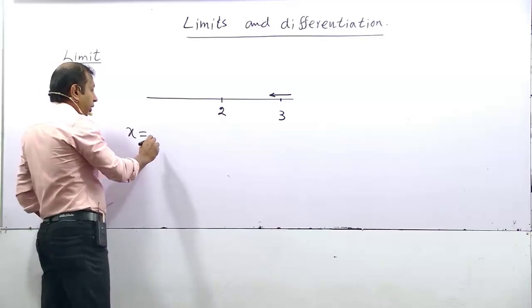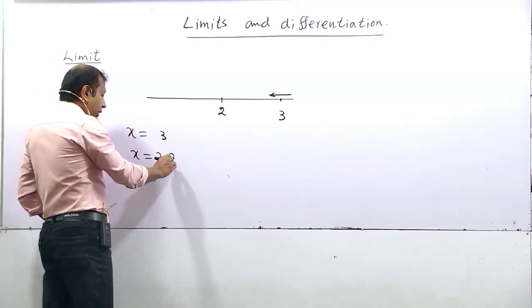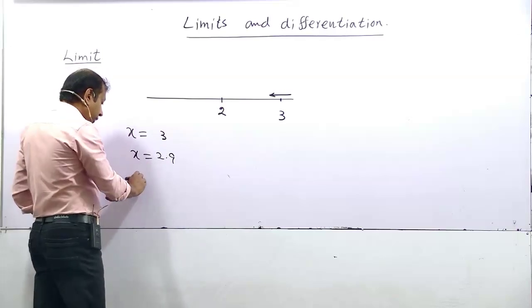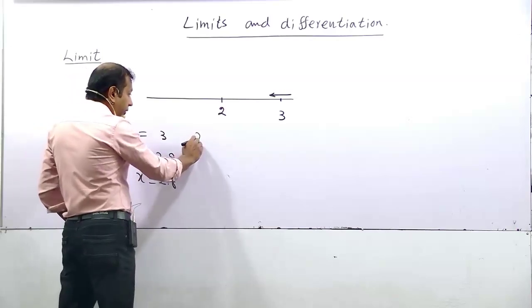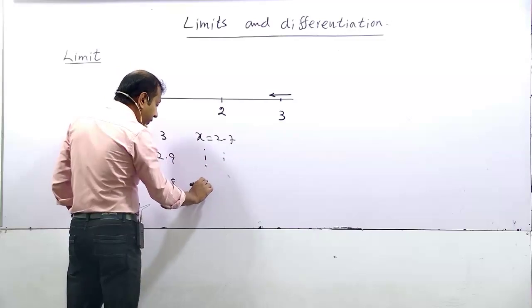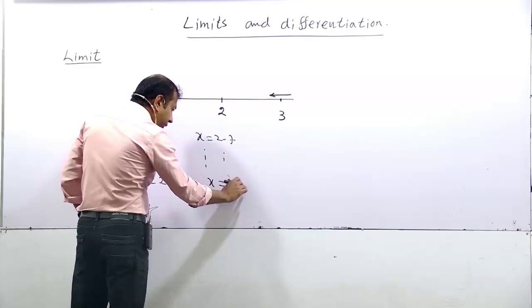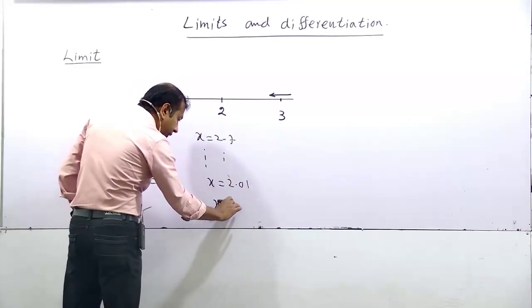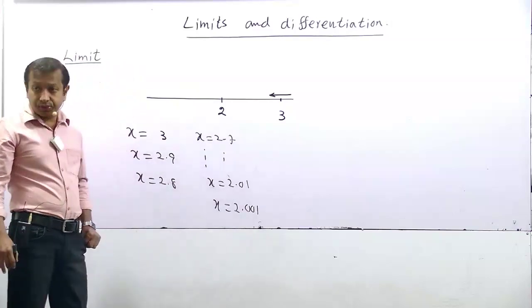Suppose it takes first 3 and 2.9, 2.8, okay, 2.7 and so on, 2.1, 2.001, those values it takes.